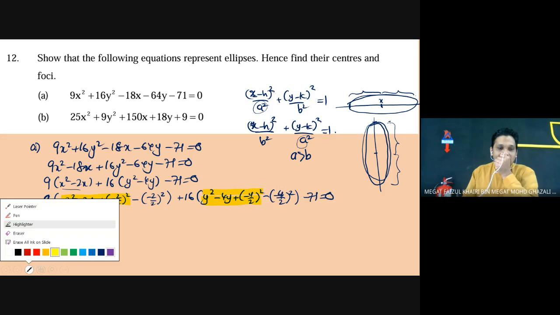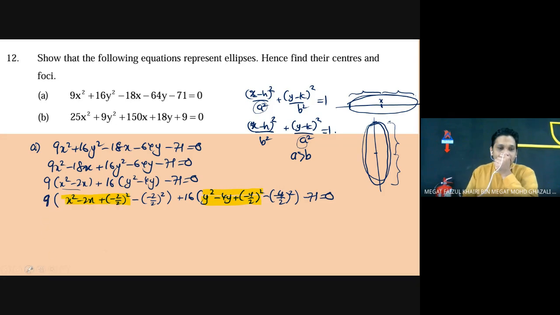Now look at these three terms here. We simplified them as 9 times (x plus negative 2 divided by 2, which is x minus 1) squared minus (negative 1) squared, which is 1, plus 16.